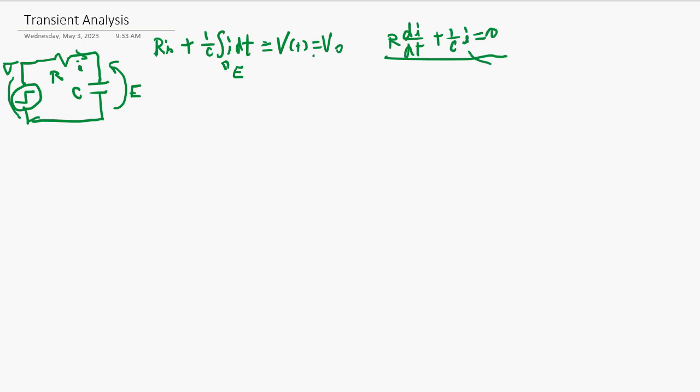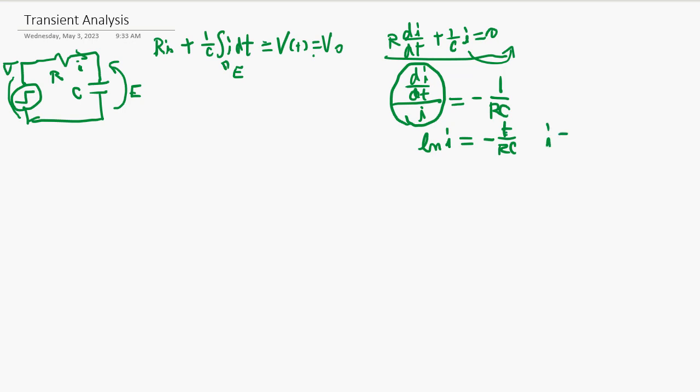Move this to the other side and divide by I: di/dt divided by I equals minus 1 over RC. If you take the integral, log I equals minus t over RC, plus C0.